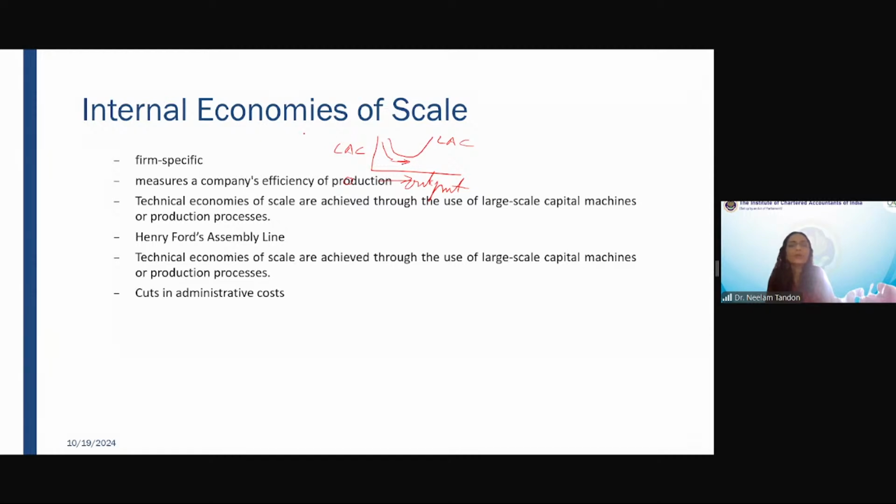This is all because of economies of scale. It can be internal, it can be external. But if I say this is point B and this is point D, then this B to D is diseconomies of scale.